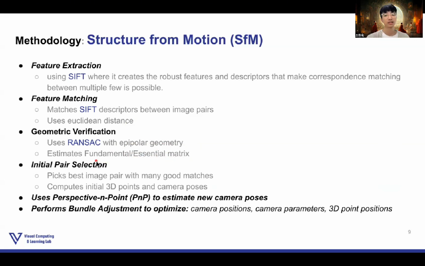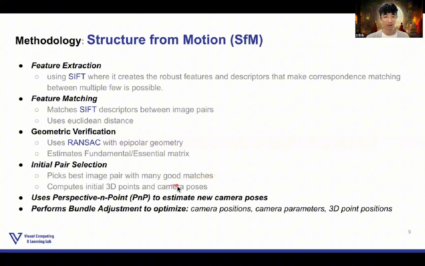After we estimate the essential matrix, we are able to eliminate some of the matches from the previous step. Once we have at least a good number of matched feature pairs, we do an initial pair selection, where we pick the best image pair with many good matches.